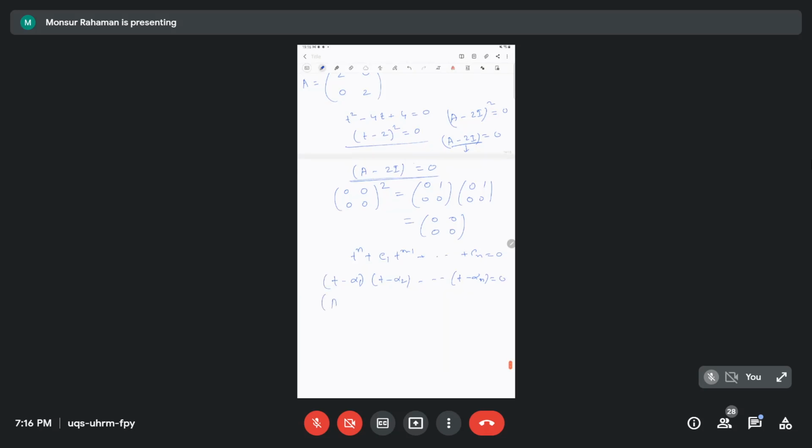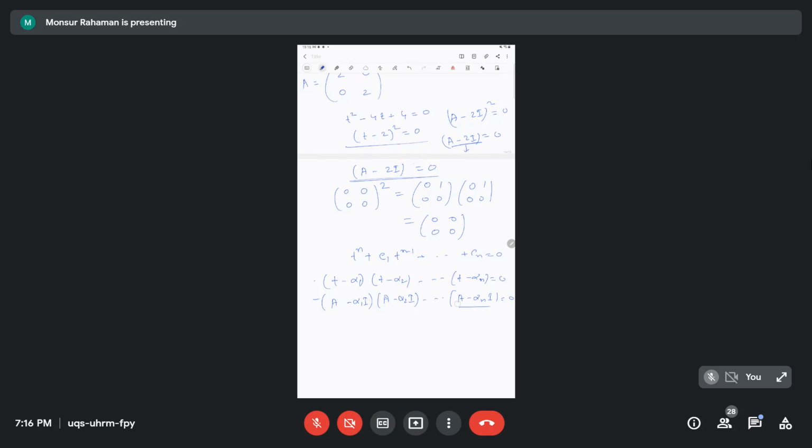So (A minus alpha 1 I)(A minus alpha 2 I) up to (A minus alpha n I) equals 0 by the Cayley-Hamilton theorem. You cannot delete the different roots.